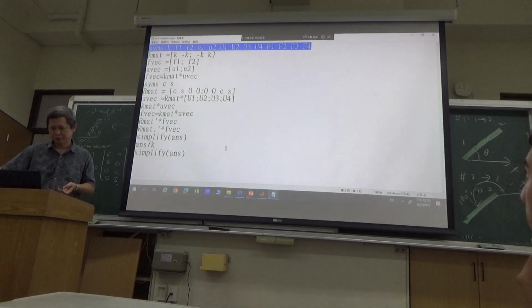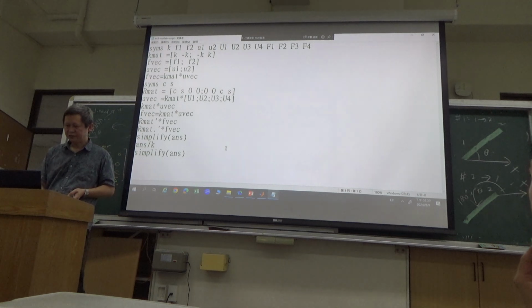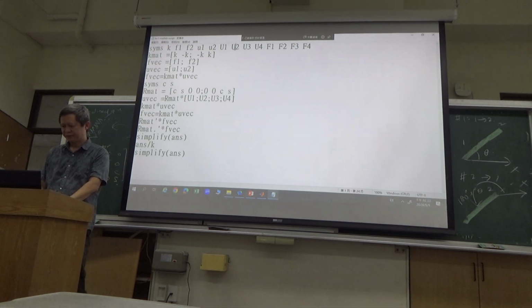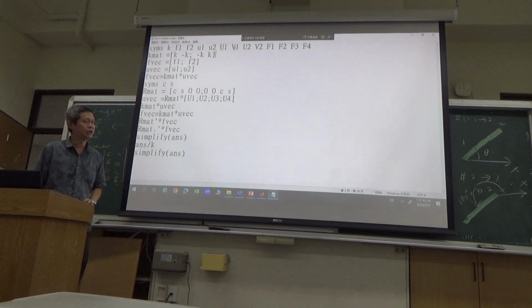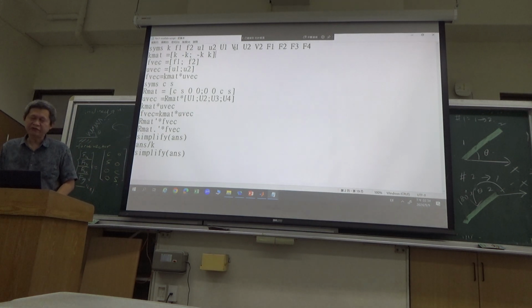We can rewrite this for clarity. So I can express this as U1, V1, U2, V2. In matrix form, we don't differentiate global displacement U1 and V1. To the matrix, this is only vector component 1 and vector component 2.